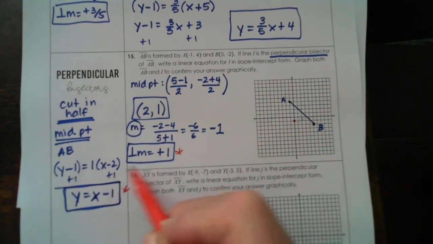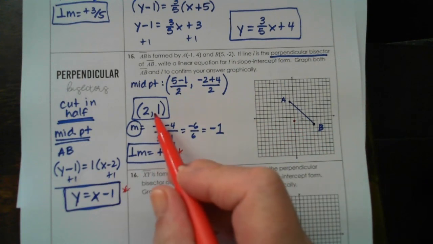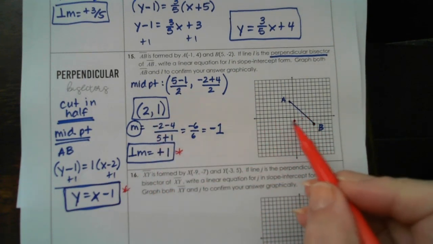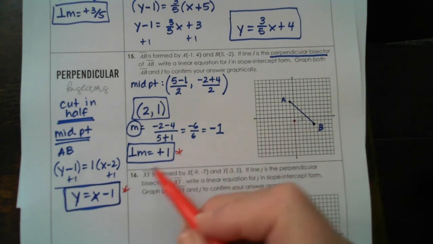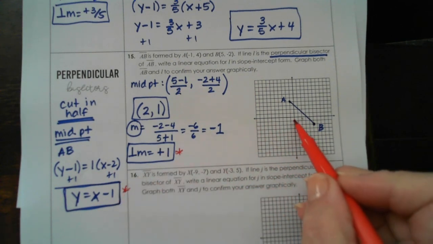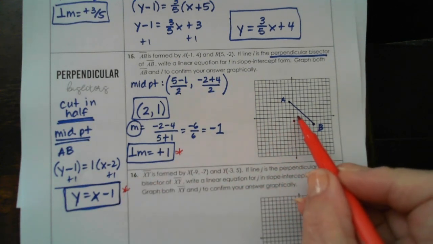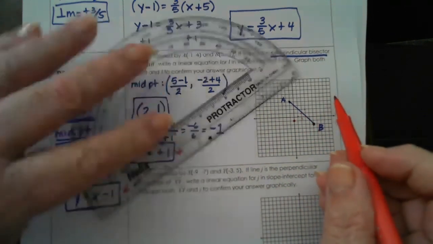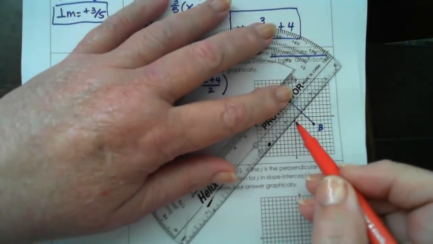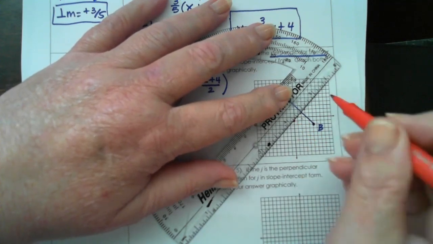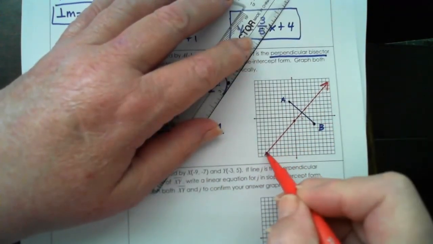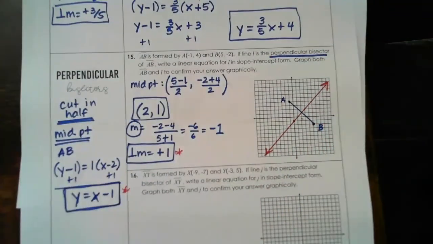I could have just graphed the point (2, 1), but I graphed the y-intercept, and I'm going to go up 1 and over 1, up 1 and over 1, up 1 and over 1. I can see that I have a series of points, and I'm going to connect them. And this is a line. It is not a segment, it is a line.